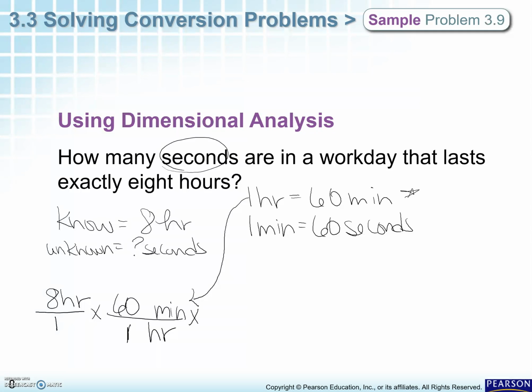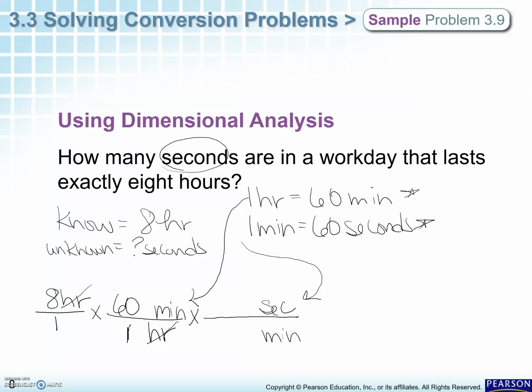But we still are not to seconds, because we can cancel out hours because it's on the top as well as the bottom. We need to now cancel out minutes. So we draw another multiplication sign, draw a line, put minutes on the bottom because that's what we need to cancel. And we're going to use the conversion factor that we are given with minutes that'll get us to seconds. So that would be the second one.